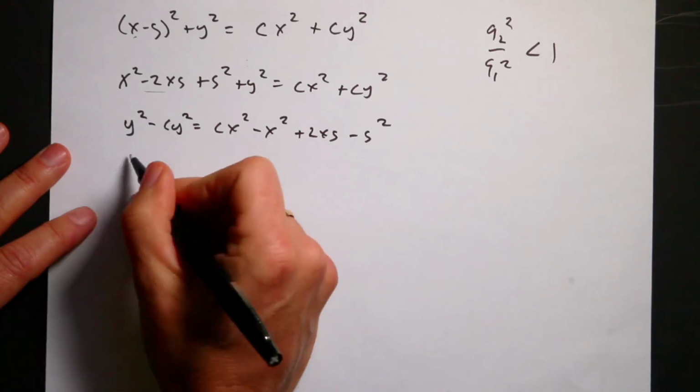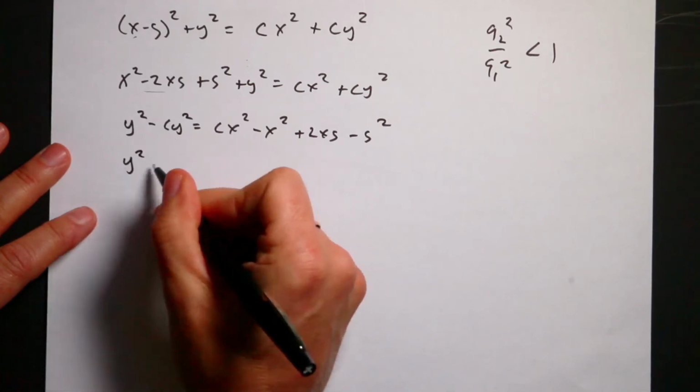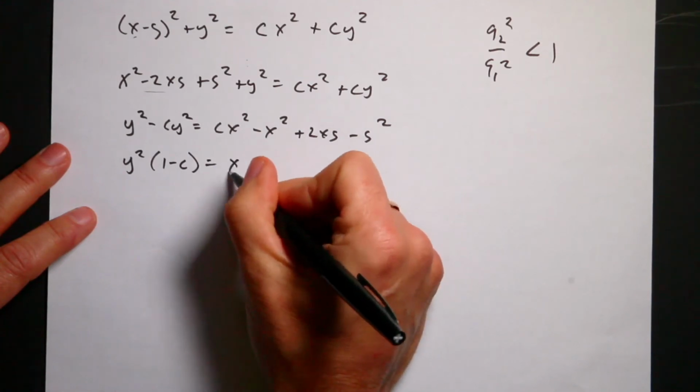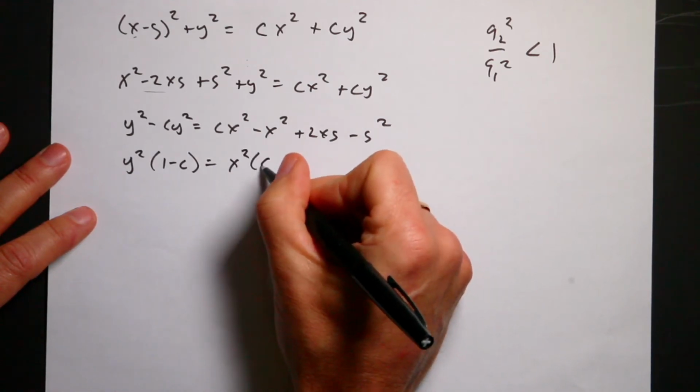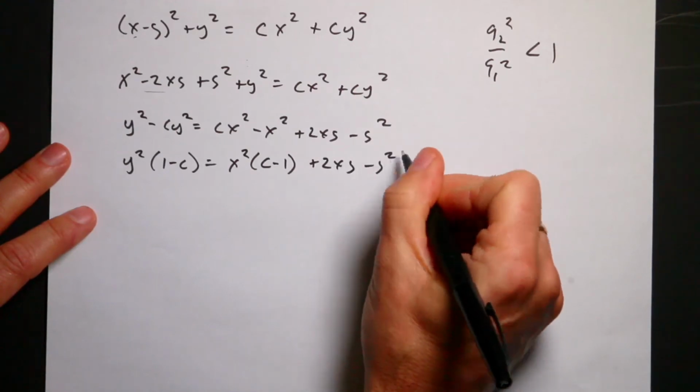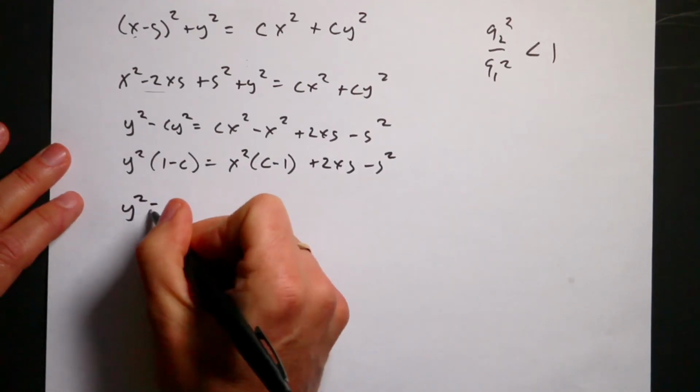So here I get y squared times (1 minus c) equals x squared times (c minus 1) plus 2xs minus s squared.